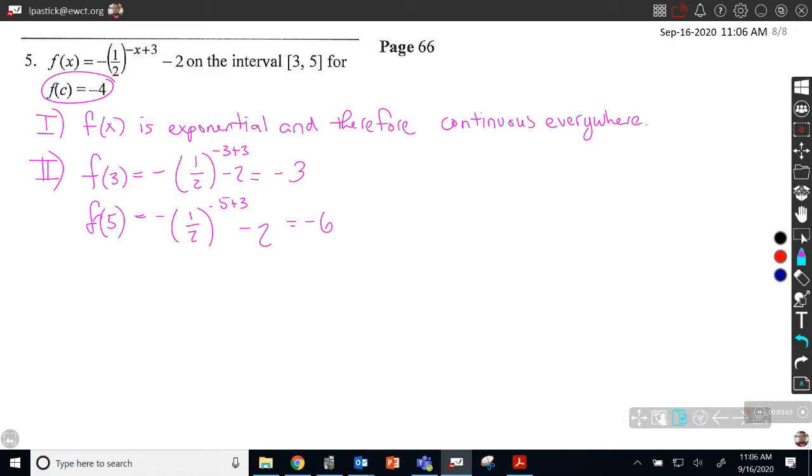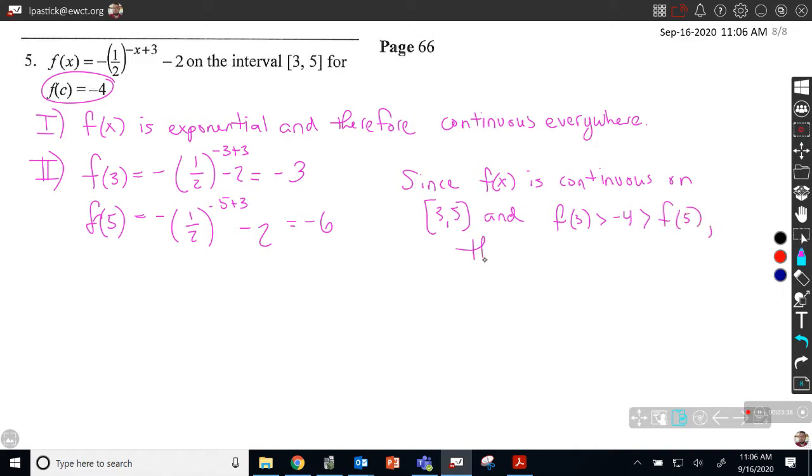So now we got to say, since f of x is continuous on 3 to 5, and f of 3 is greater than negative 4, which is greater than f of 5, the IVT applies.